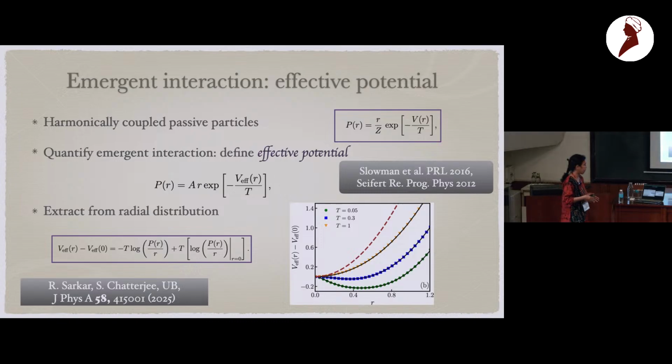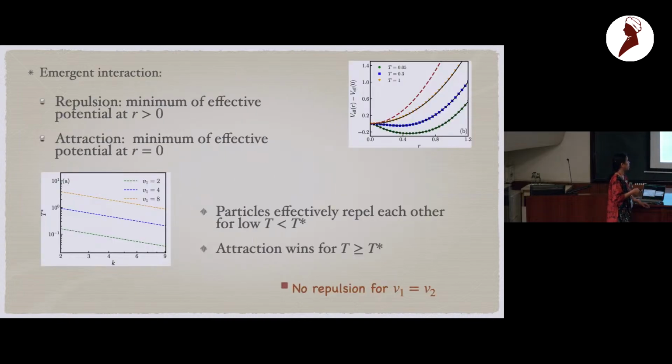This is not a purely T equal to 0 effect. If we look at this T star, beyond which the repulsion disappears, this is a plot of T star versus K, so it goes down as we increase the coupling strength. So there exists a T star, and again, for V1 equal to V2, there is no repulsion even for finite temperature.